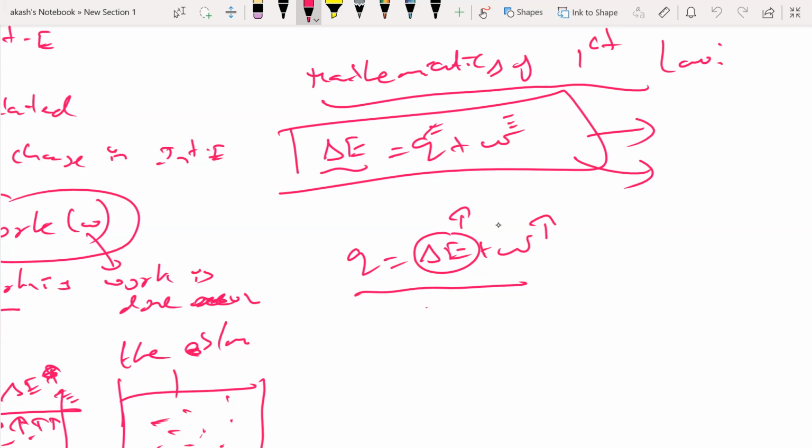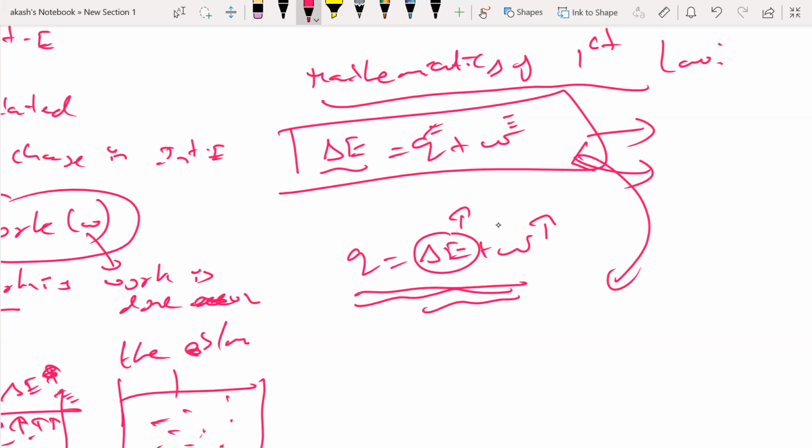This equation says that if I give some heat to the system, it can be used to change the internal energy or it can be used by the system to do some work. Both these are absolutely right.